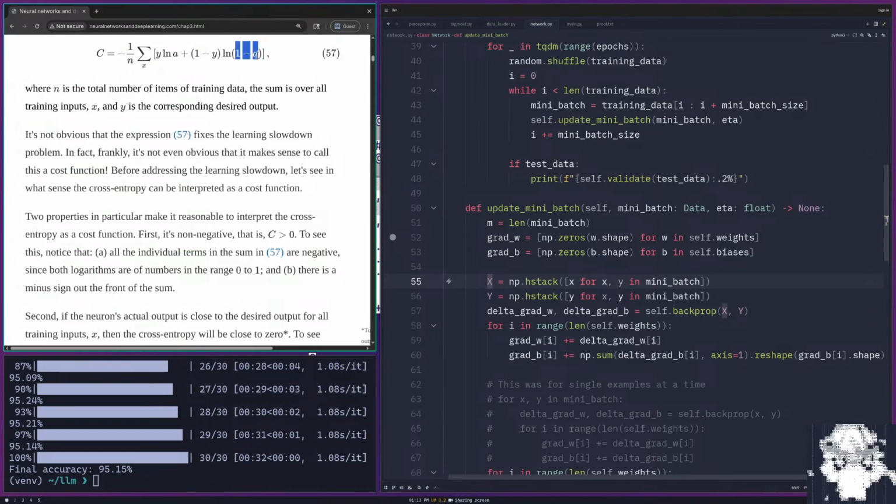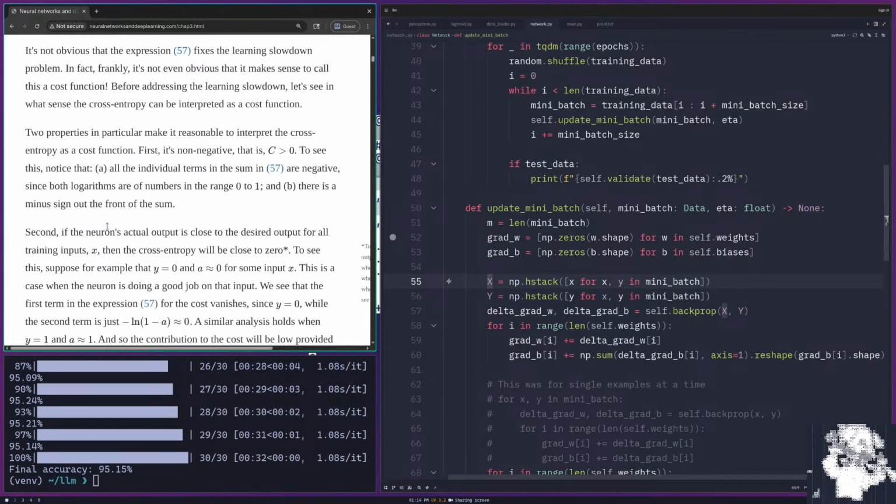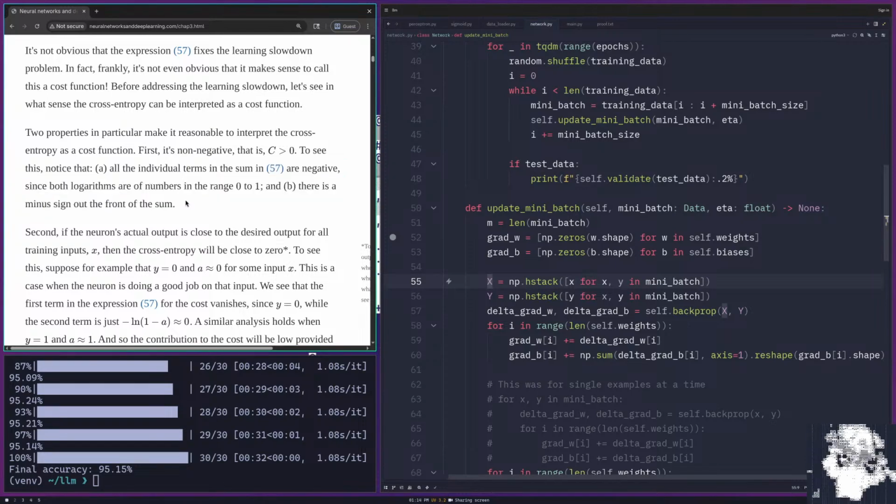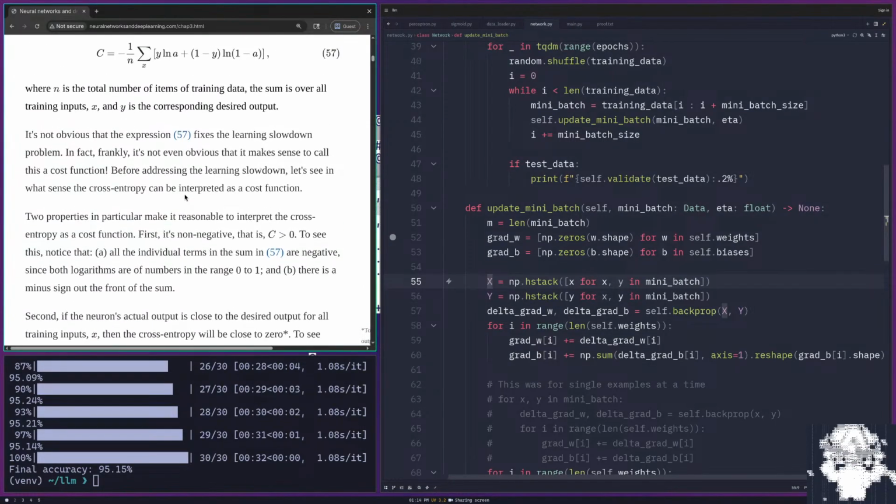And then 1 minus a, I guess similarly, if this is numbers between 0 and 1, then this will be negative. If this could be any positive numbers, then this becomes not defined. Okay. But for sigmoid, everything he's saying here makes sense. But I'm not sure how it's going to make sense for ReLUs.